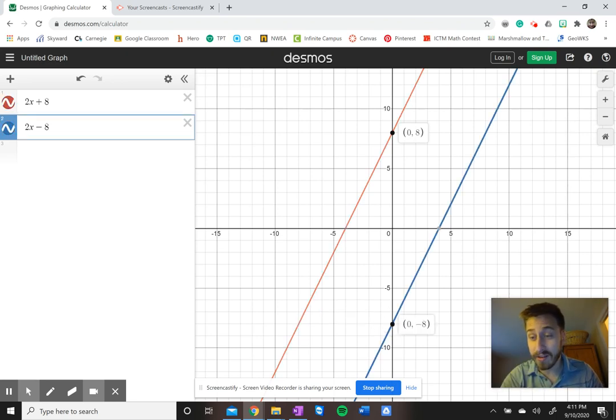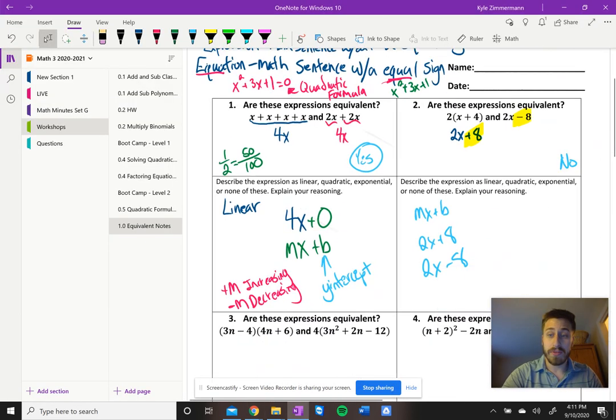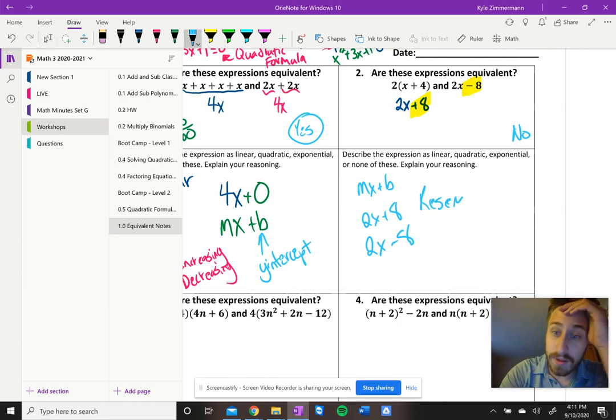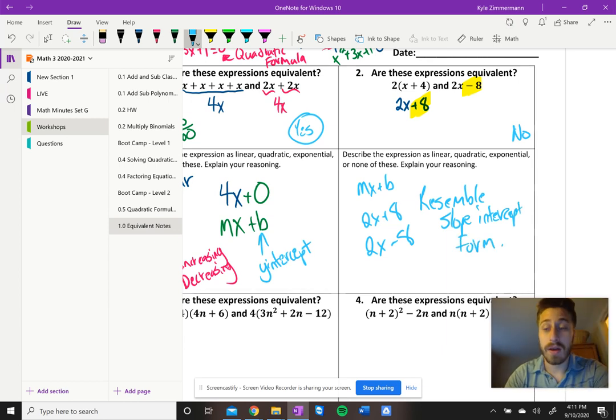Okay, that's what it does. So both of these are linear, and the reason being is that they resemble slope intercept form.